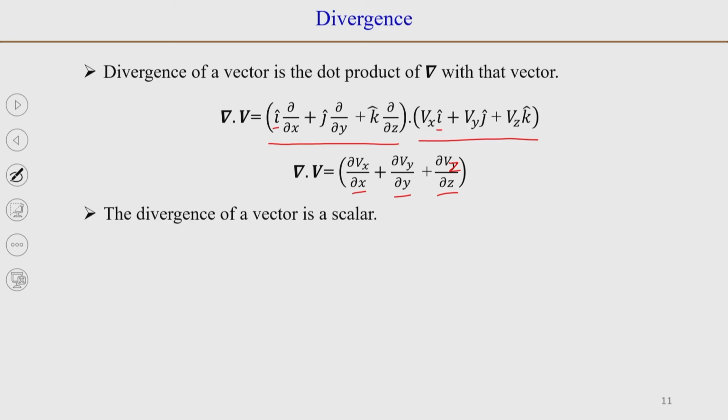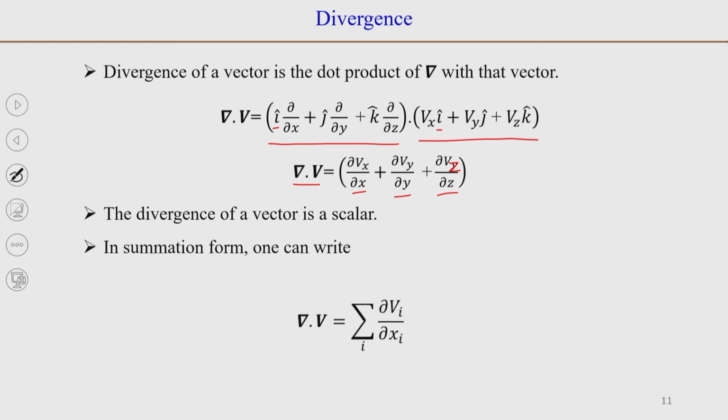As we can see here, when you take the divergence of a vector, it is a dot product, so when you operate it on a vector, what you get is a scalar quantity. So, the divergence of a vector becomes a scalar; its order decreases by 1. If we write it in summation form, you will see that del dot v is equal to sigma i del v i over del x i, where i is equal to 1 to 3.